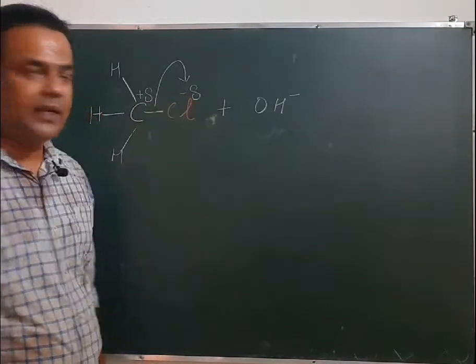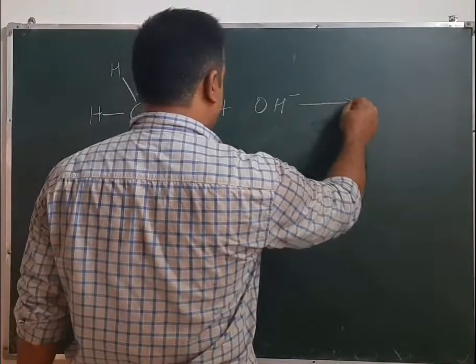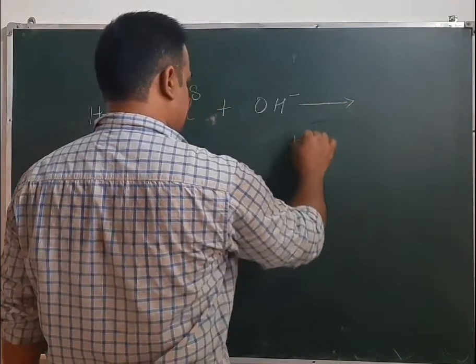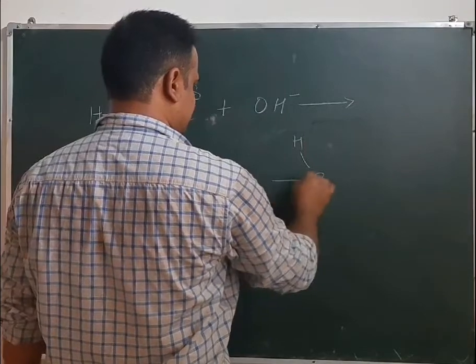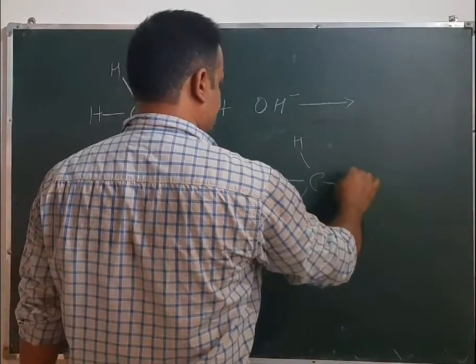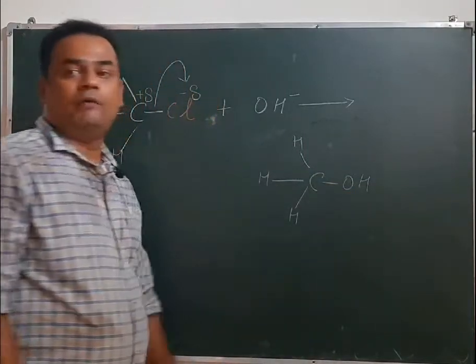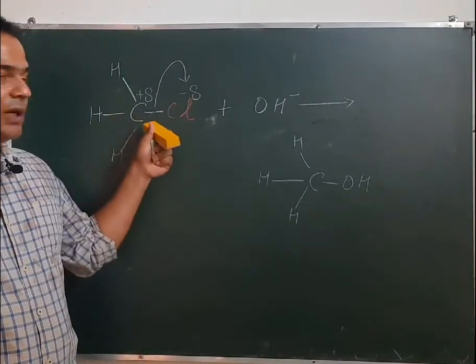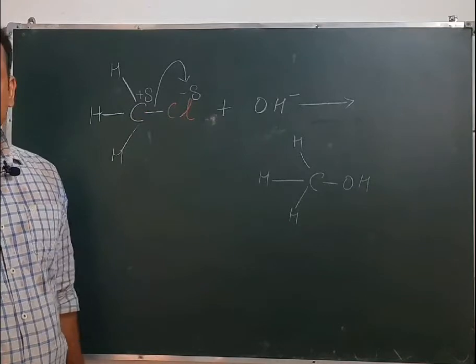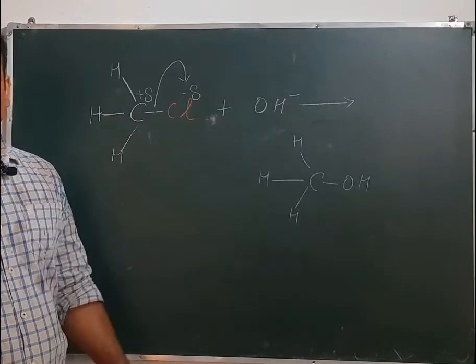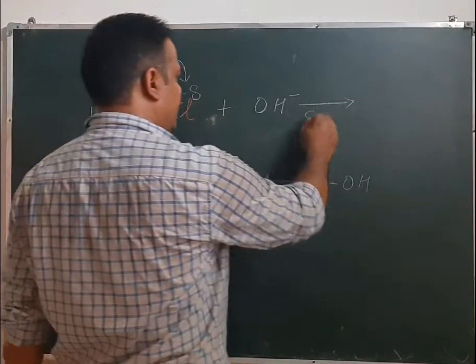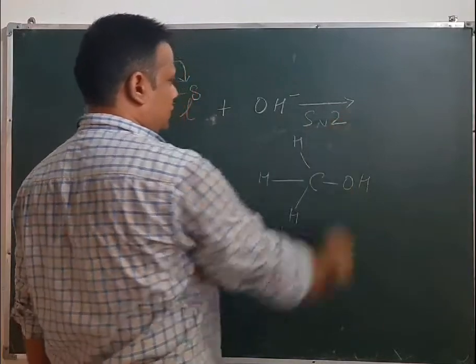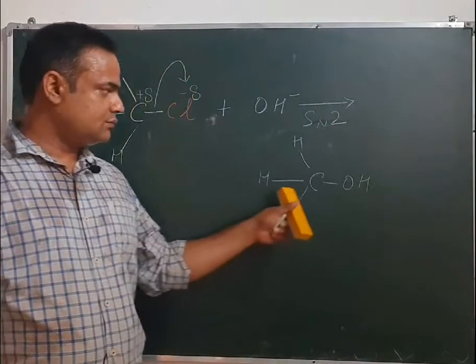Cl will be replaced by OH and our product will be CH3OH. Now, will it follow the SN1 pathway or the SN2 pathway? That will be decided by looking here. This is methyl chloride, it cannot go by the SN1 pathway, so obviously this one will be the SN2 pathway. Through SN2 it will give methanol.